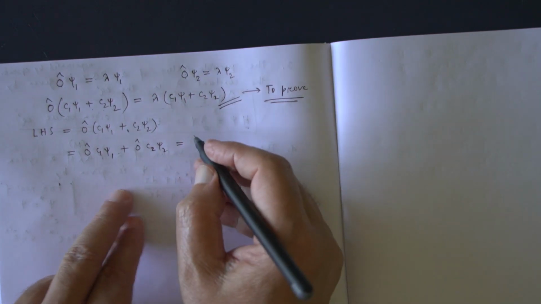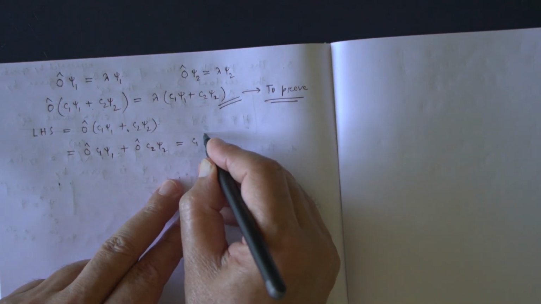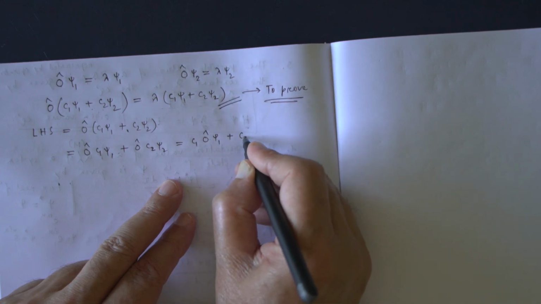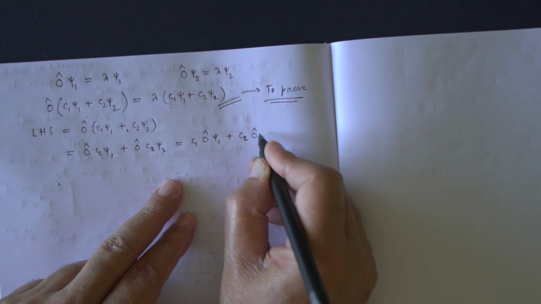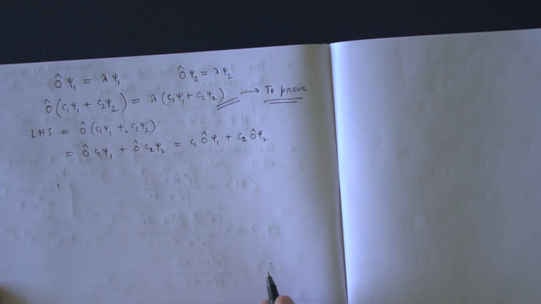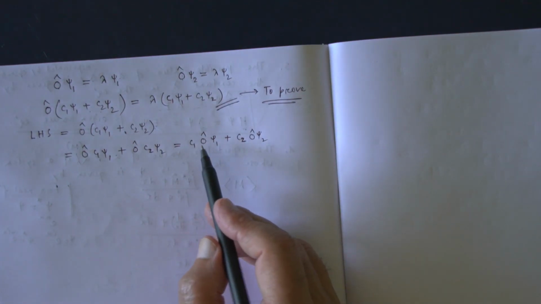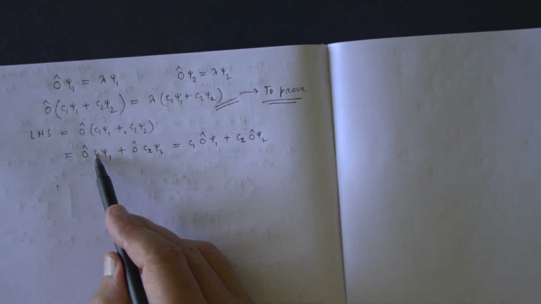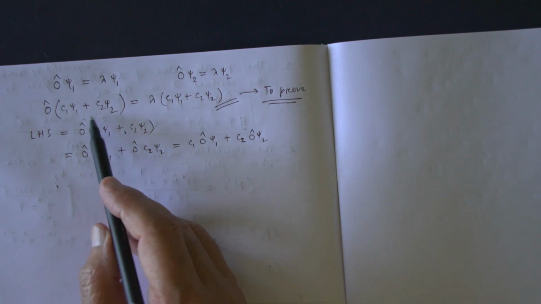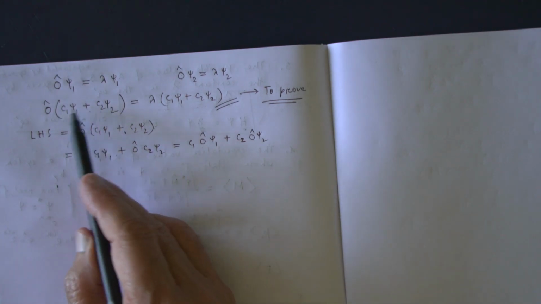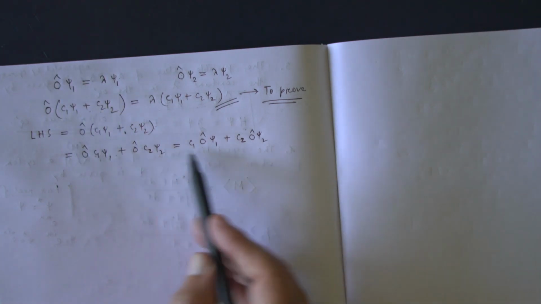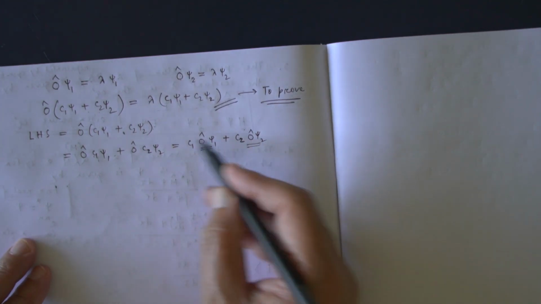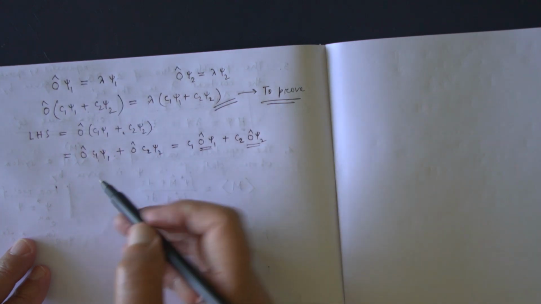Again, since it is a linear operator, we can write C1 O psi 1 plus C2 O psi 2. This is another condition of a linear operator: these are constants in a linear combination, so we can take them out. Now O psi 1 is lambda psi 1 and O psi 2 is lambda psi 2.